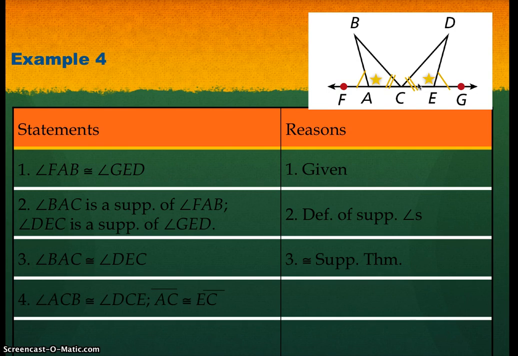Okay, so now they also tell us that angle ACB, which I've marked with two lines, is congruent to angle DEC, which I've marked with 2 lines. And they also tell us that AC, the segment at the bottom here that I've marked in green, is congruent to CE on the other side, which I've also marked.